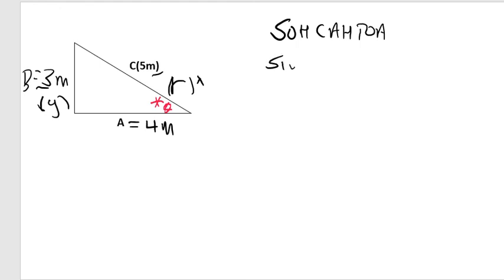You can use sine theta equals opposite over hypotenuse. Your opposite is 3, which is your b, and your hypotenuse is c.